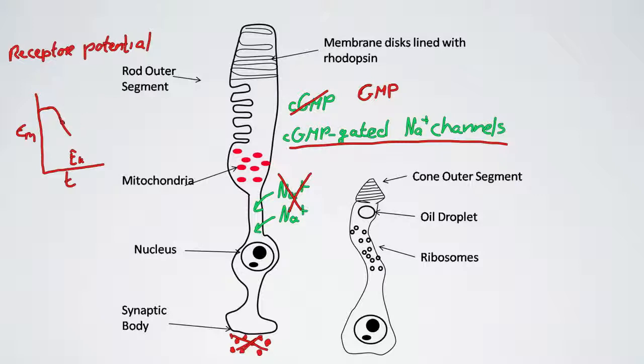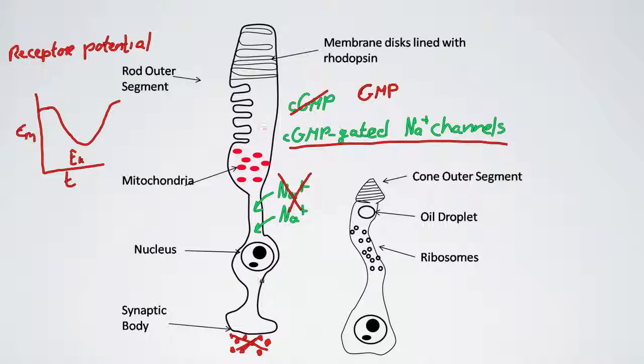So it's going to become more negative. So it's going to go down until that stimulation stops, and then it's going to come back up. So once again, I want to emphasize that this is exactly opposite, because when we get a stimulus, we get a drop in the membrane potential, neurotransmitters are no longer being released, and that's going to have an effect on the cells that it makes a synaptic connection to.